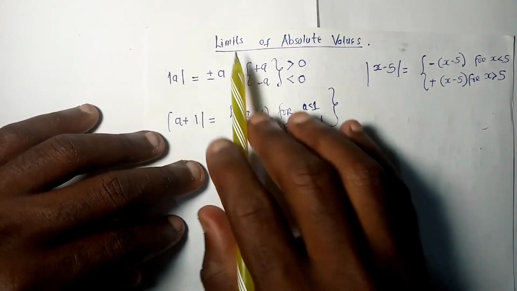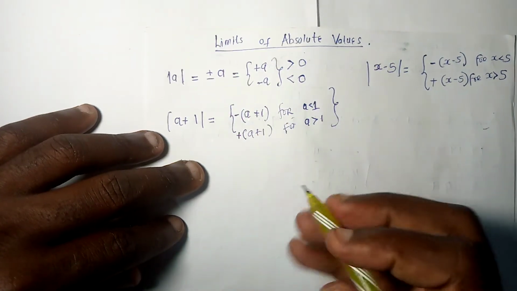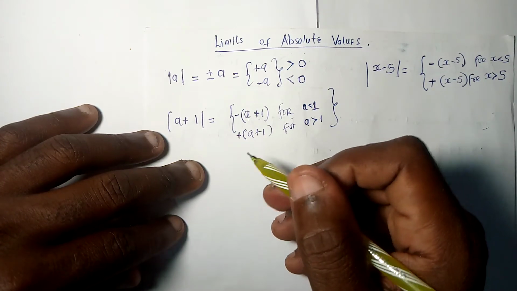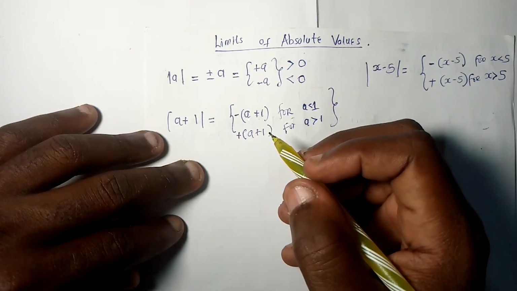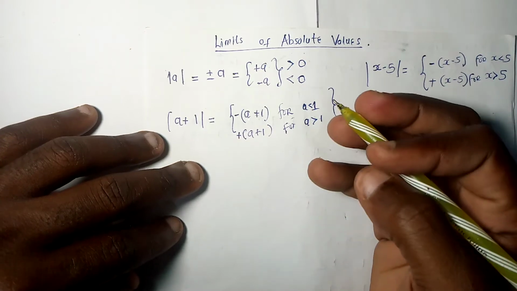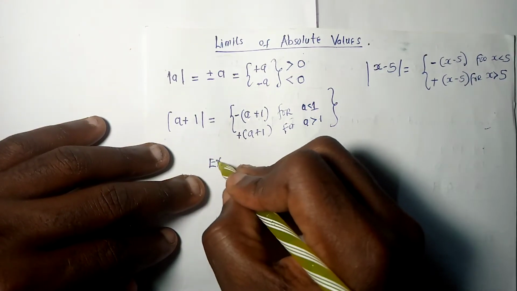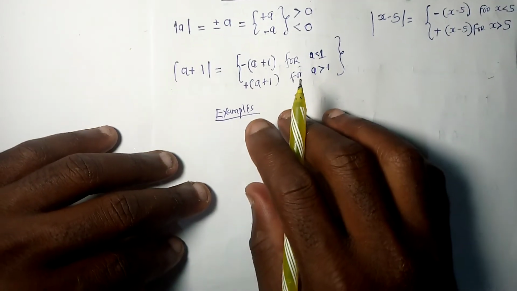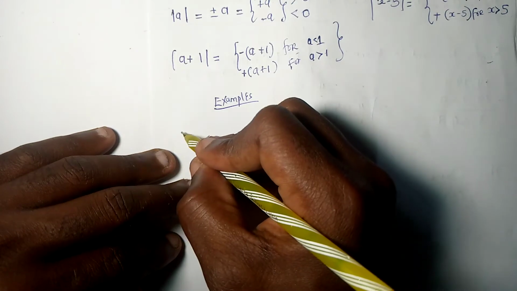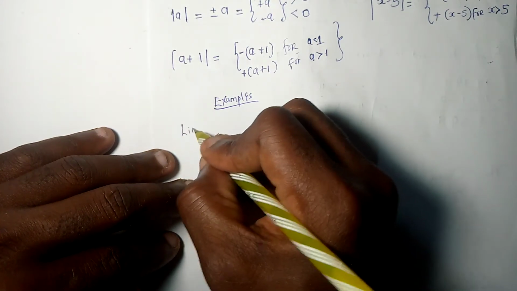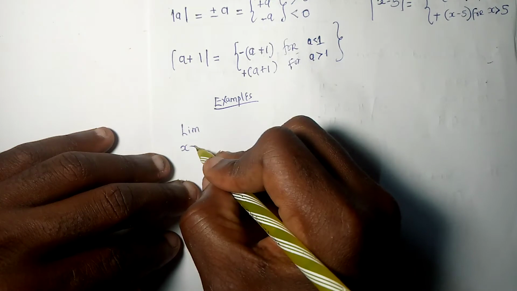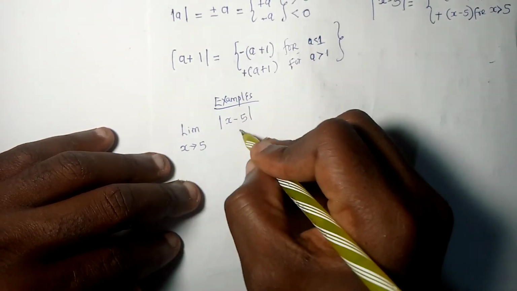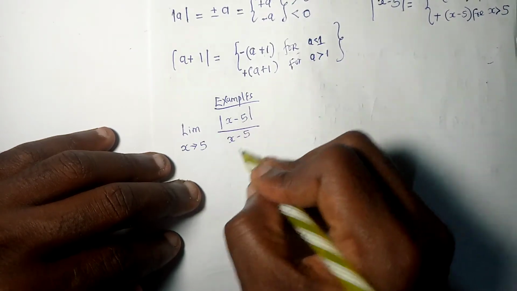Now, how then do we evaluate limits of absolute values? The first step is always to break down the absolute term into its two constituents. And I think I shall go with an example just to begin with. In this example, you're told to evaluate the following limit: the limit as x approaches 5 of the absolute value of x minus 5, over x minus 5.